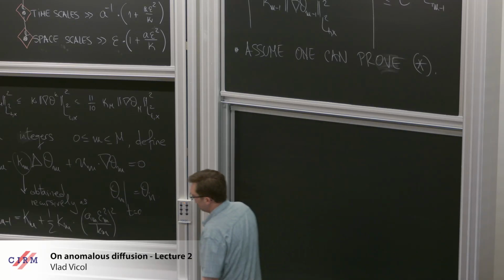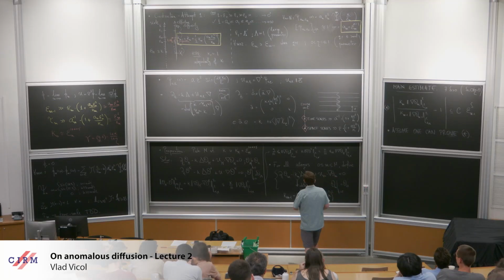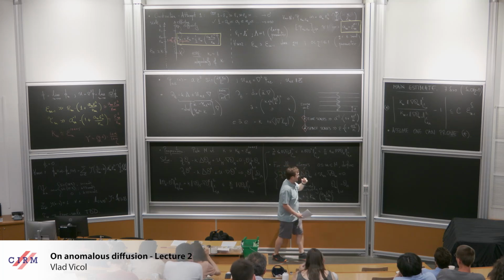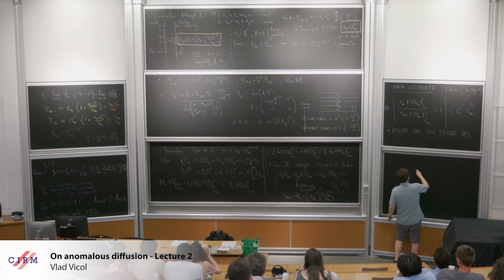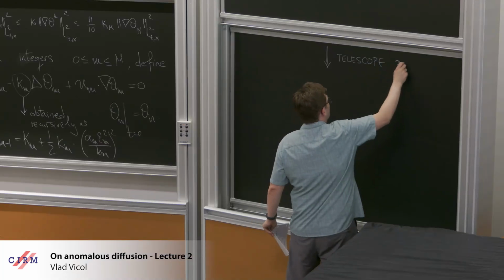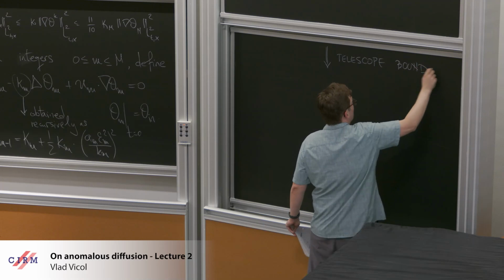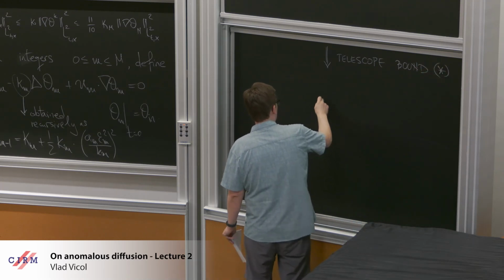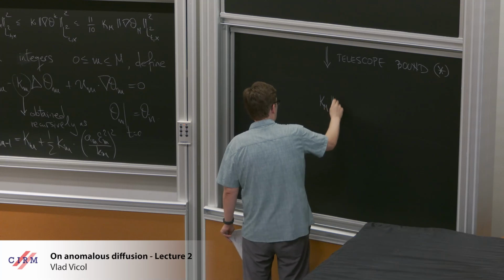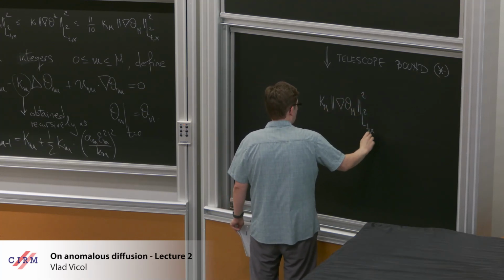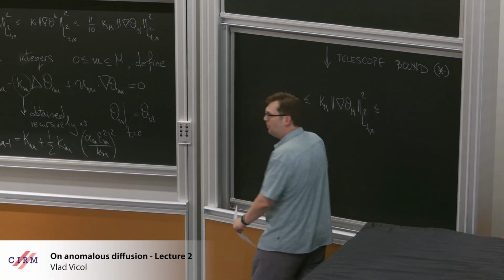Well, the consequence of that would be that you can just telescope an inequality of the same kind. So by telescoping the bound star, you should be able to prove that kappa m gradient theta m L2 squared has upper and lower bounds.